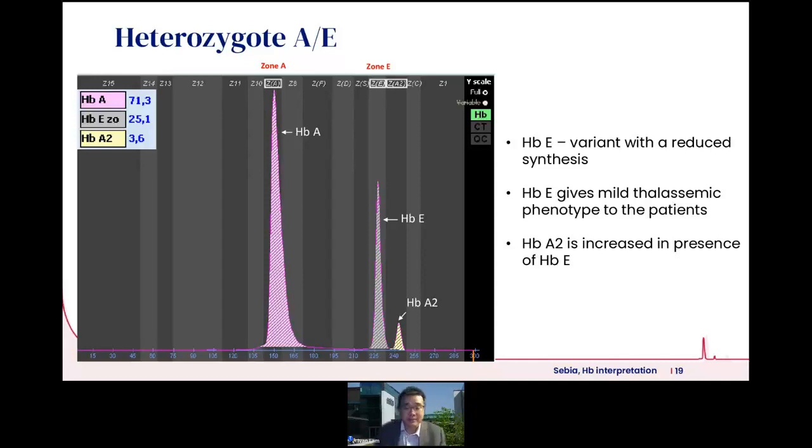Hemoglobin E is expectedly lower, and hemoglobin A2 is also increased in the presence of hemoglobin E. So note that it has a thalassemic presentation in a way.